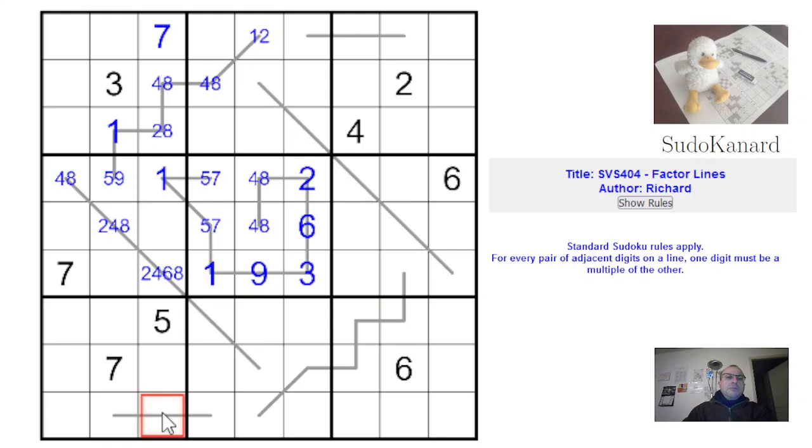So an even digit would work. Or 3 could work. 3 could be surrounded by 9 and 6. So this is not that interesting. Those two, no, that doesn't seem to be so promising.